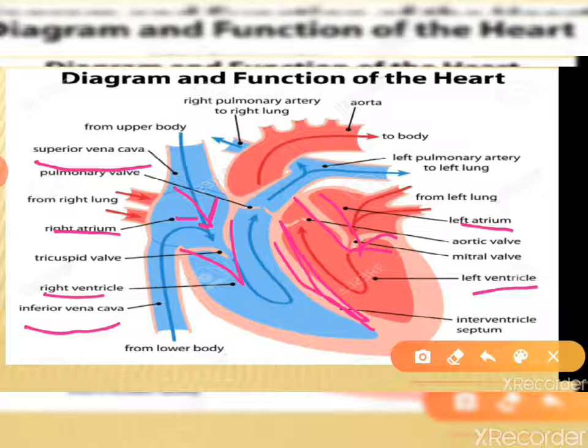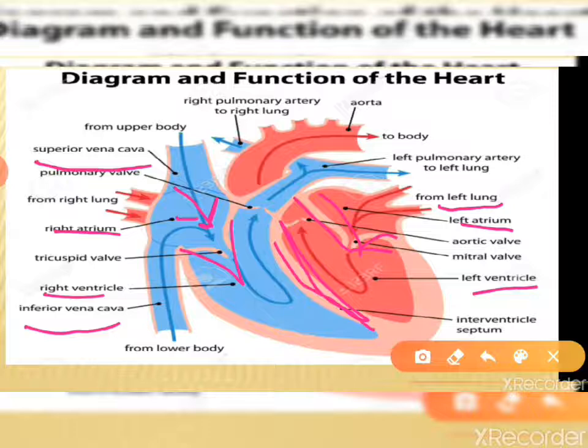Similarly, the left hand side receives the blood. The left atrium receives the blood from lungs through the pulmonary vein. The oxygenated blood after reaching the left atrium is drained into the left ventricle. When the heart is in the relaxation state, both the atria start filling with blood.